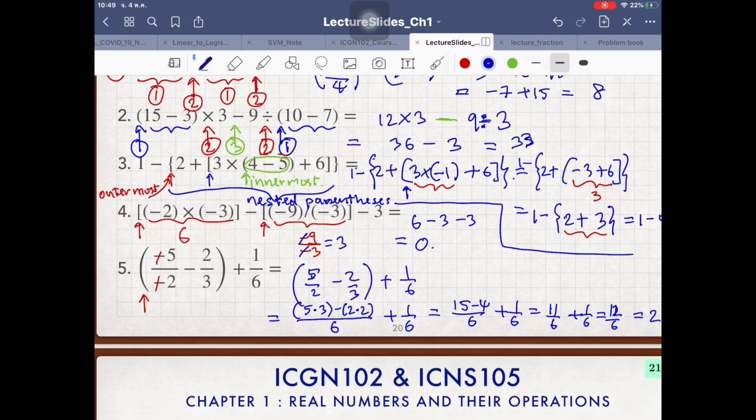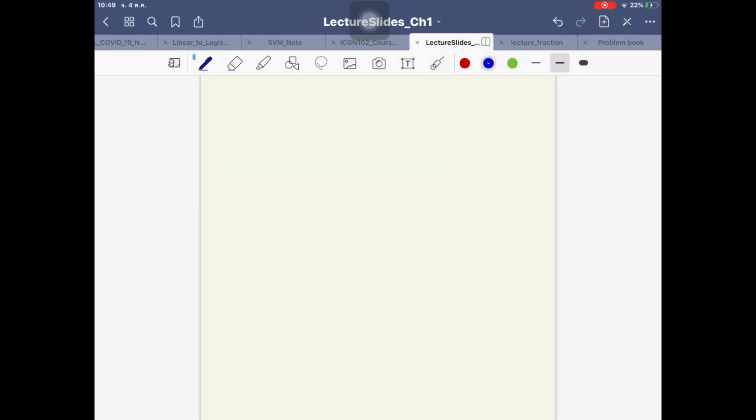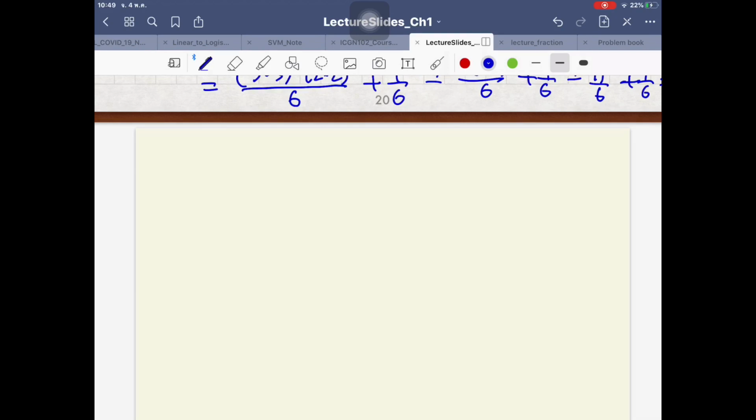Okay, how about if I give you some more example? So let me add in a blank page. If I give you this example, in my expression, I also have the exponent.